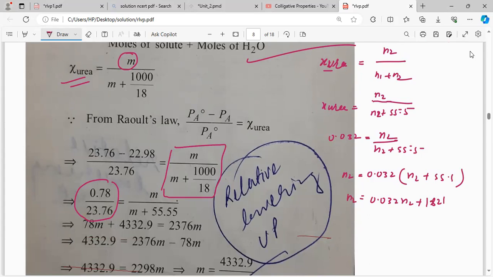So let's subtract this one. N2 minus 0.032 N2 is equal to 1.821.